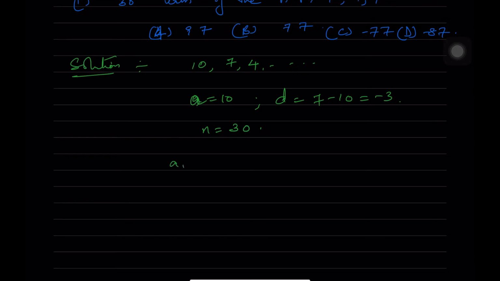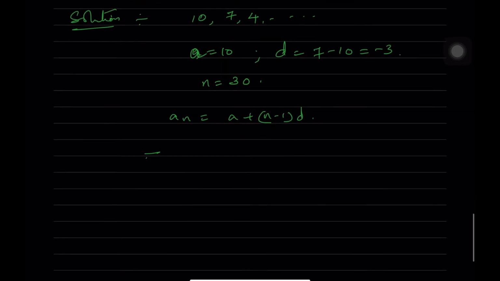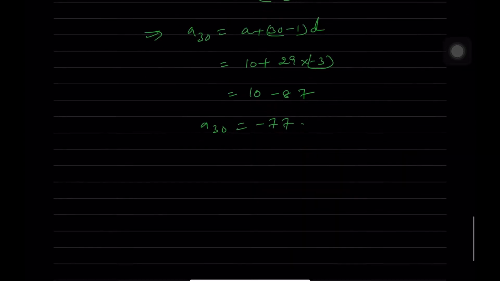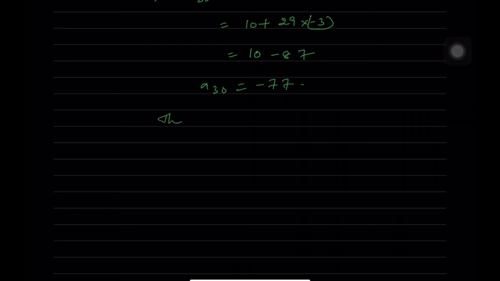So therefore An is equal to A plus n minus 1 into D, which implies that A30 is equal to A plus 30 minus 1 into D. So which is equal to A is 10 plus 29 into minus 3. So 10 minus 87. So A30 is equal to minus 77. The correct choice is C.